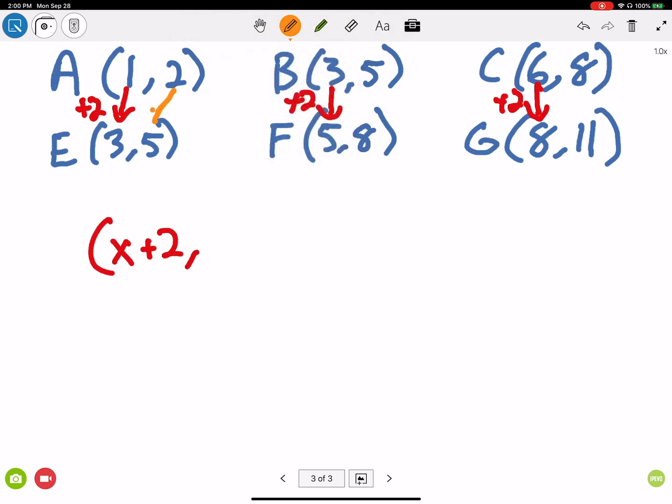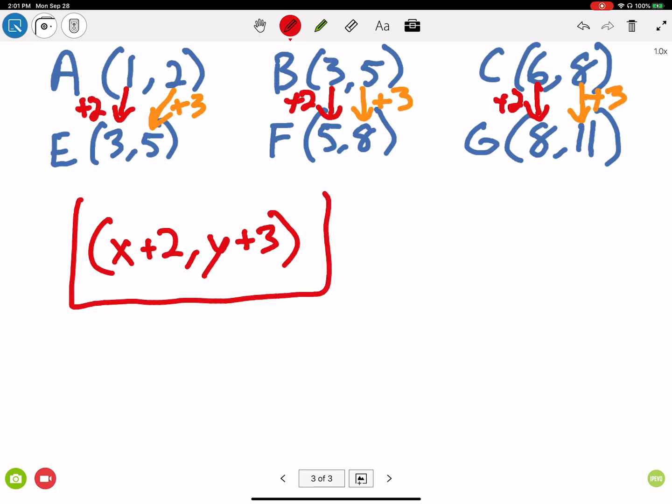How do I get from 2 to 5, 5 to 8, 8 to 11? In this case, I'm just adding 3. So it's x plus 2, y plus 3. And that's it. This is my rule. This is how I go from the pre-image to the image. This is how I went from triangle ABC to triangle EFG.